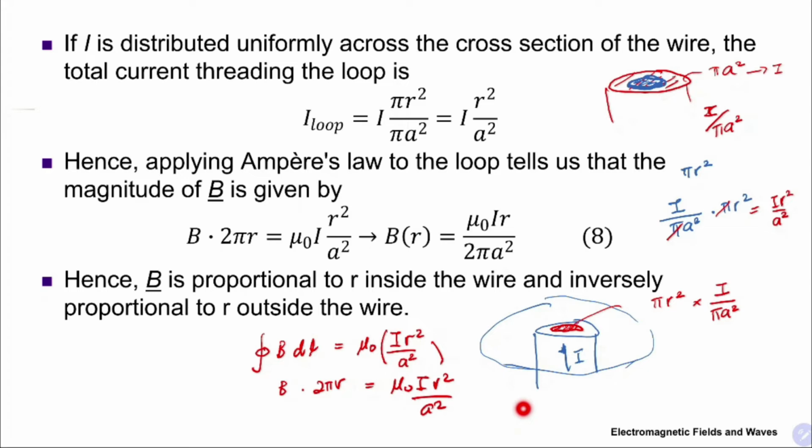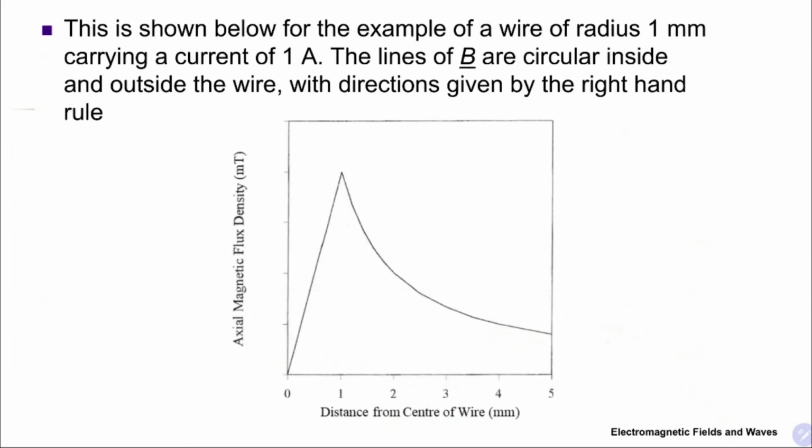Simplifying, you find that the magnetic flux density inside the wire will be equal to mu naught I times r over 2 pi a squared. Outside the wire, we find that B is proportional to 1 over r. Inside the wire, it's proportional to r.